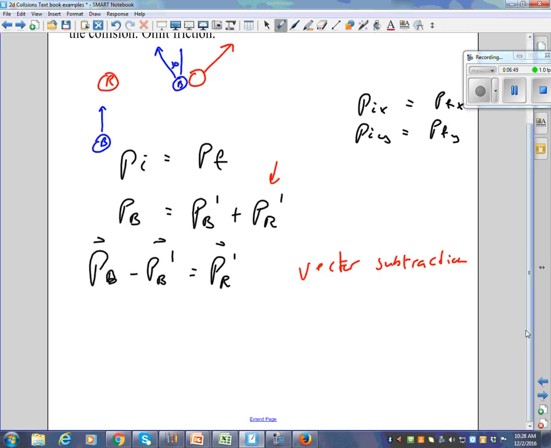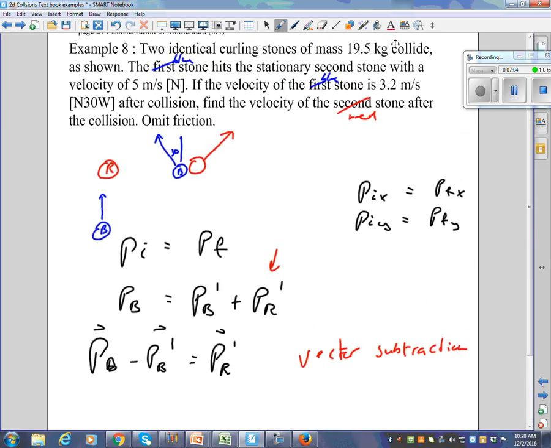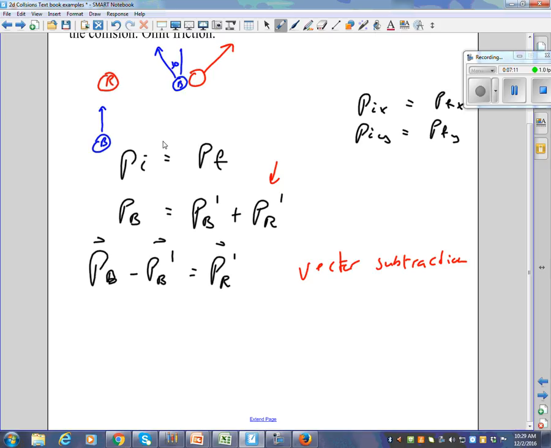Okay, so let's break down momentum PB and PB prime into vector components. So PB is actually this one here, right? It's not the prime. Have we figured out the momentums yet? All I have is the masses and the speeds, right? So this is really going to be mass of B times velocity B minus mass of B times velocity B prime is going to equal our PR prime.